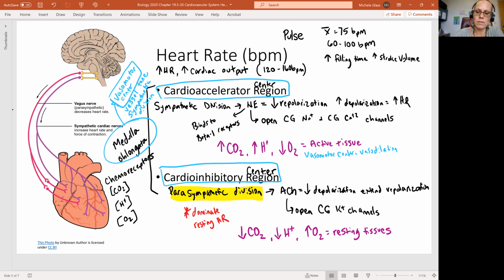Or the opposite of that, when we have our reduction in CO2 gas and our hydrogen ion and our increase in oxygen, then we're going to suppress the vasomotor system in order to allow for vasoconstriction.